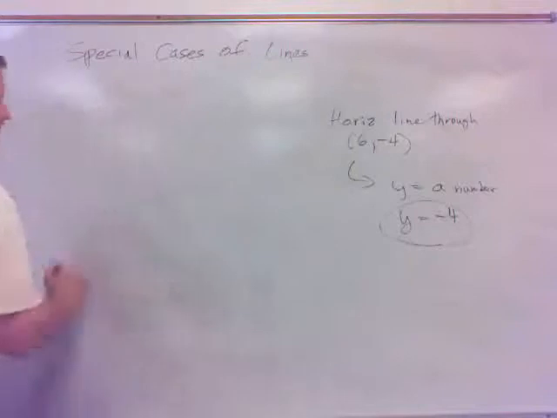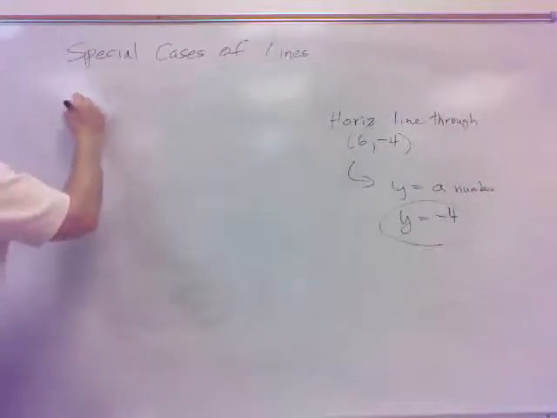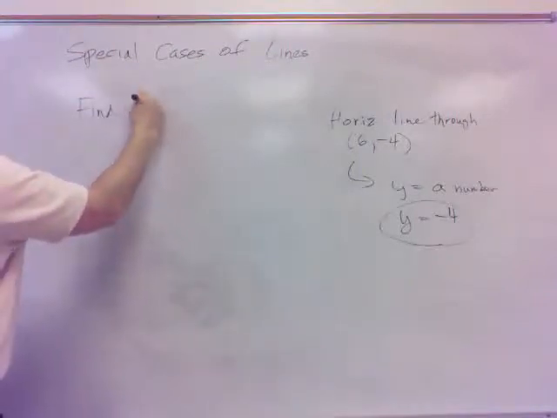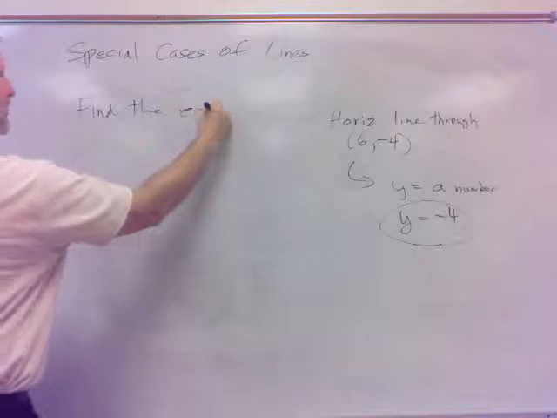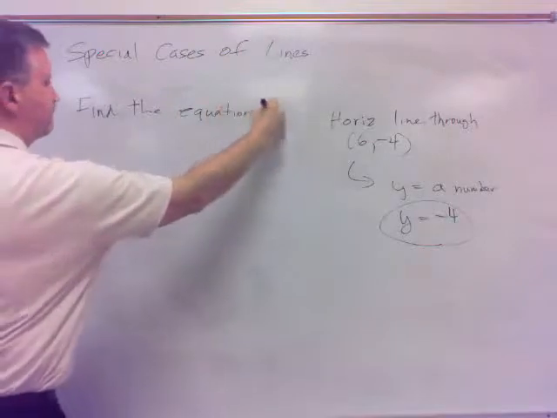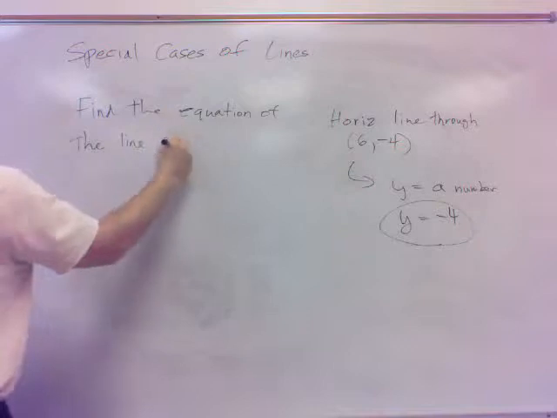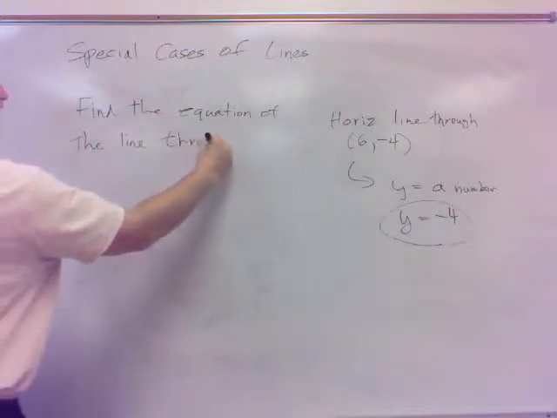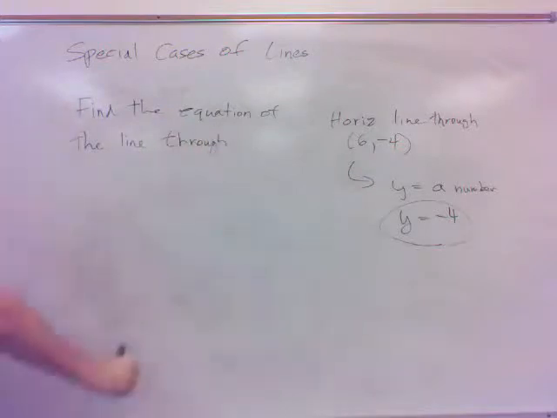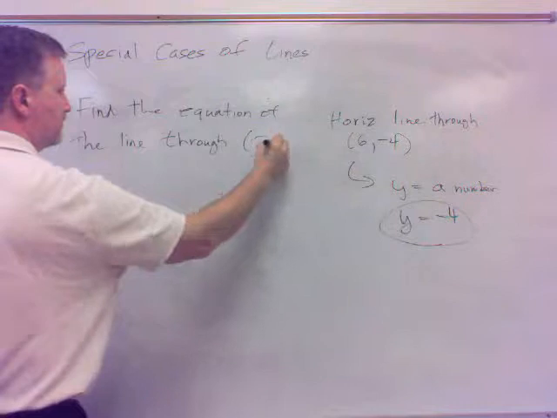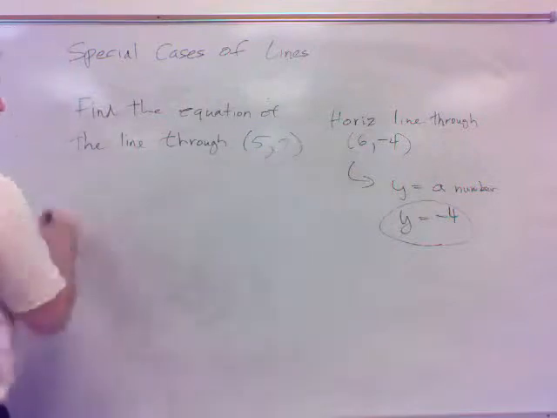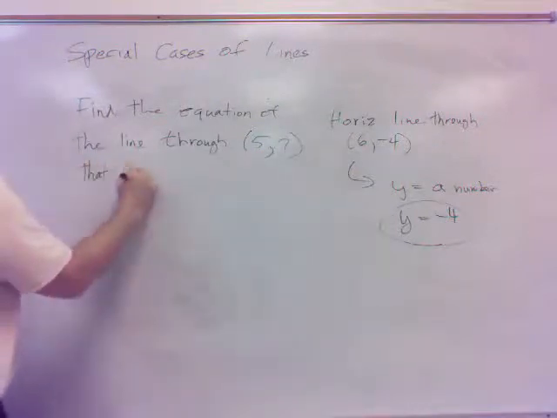One more of those. All right. So what if I wanted to find the equation of the line through 5, 7 that has undefined slope.